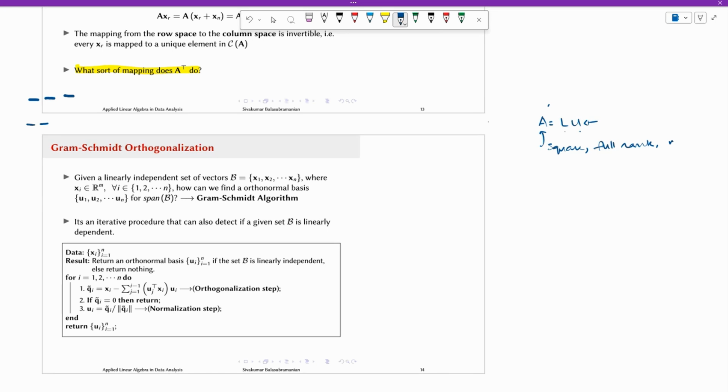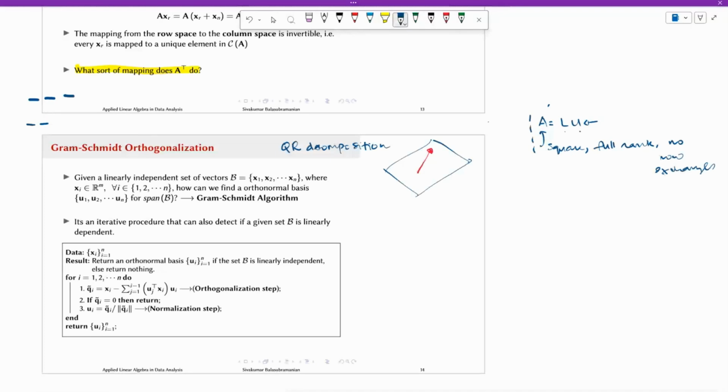Now we'll move on to another topic, which will eventually lead us to what is called the QR decomposition. Okay. Now, earlier we saw that if you have a subspace and a vector b, we can do an orthogonal projection of this vector onto the subspace.